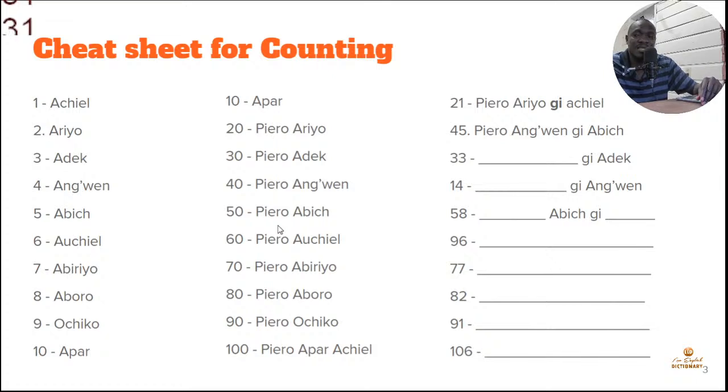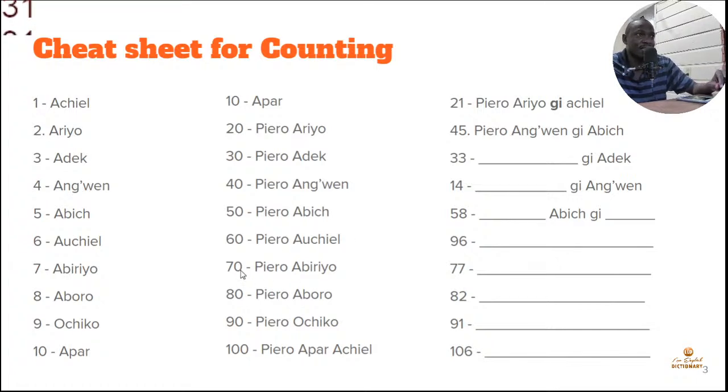Now this means we are multiplying by 10, okay? So for example, if we knew 5 is abich, then to get 50, we would just multiply that by 10. And how do we multiply? We just say piero. So that is 50. 60, piero, auchiel.